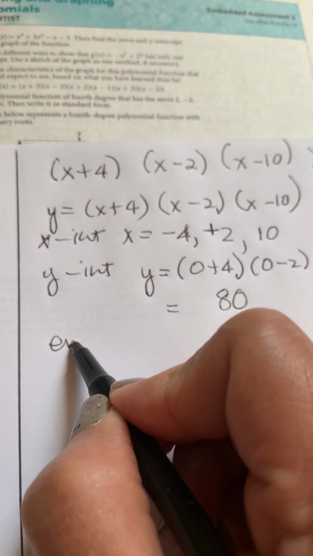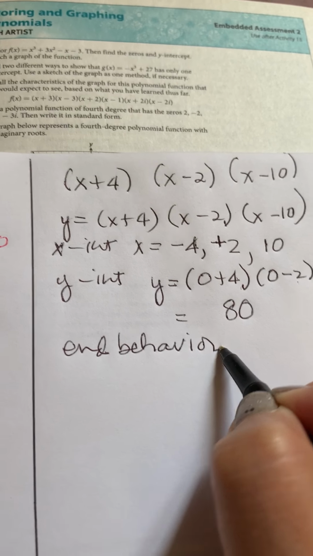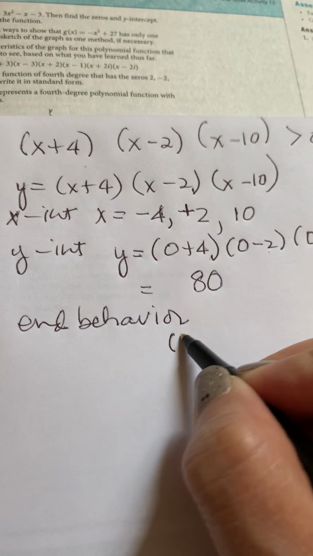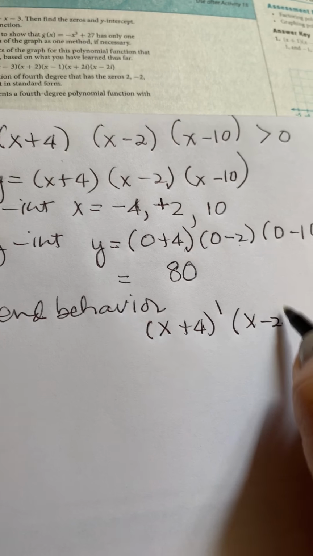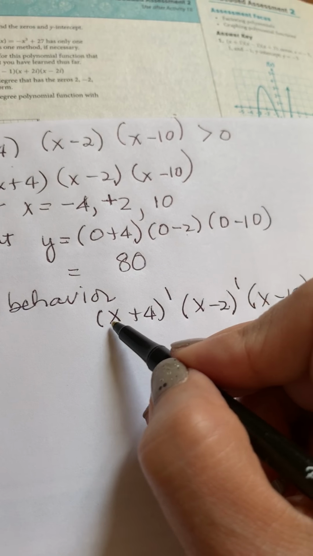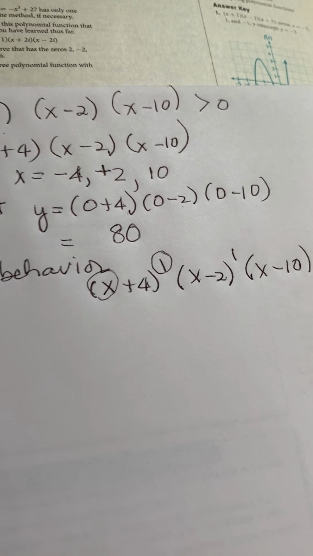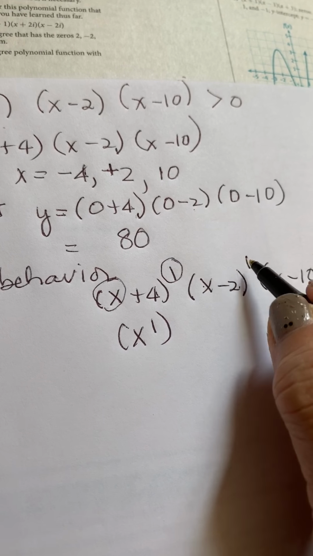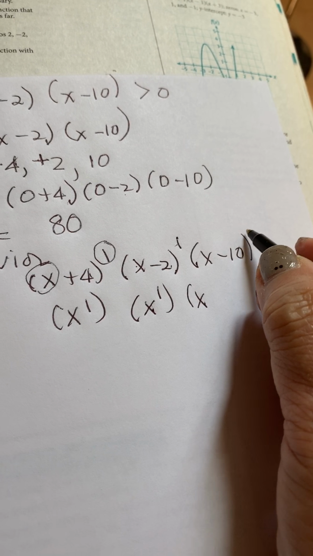Next, end behavior. Let's get our leading term. This is given in factored form, so we have to get our leading term: (x + 4) to the 1, times (x − 2) to the 1, (x − 10) to the 1. All we have to do is raise the first term of each factor to its power. So that's x to the 1, x to the 1, and x to the 1 too.